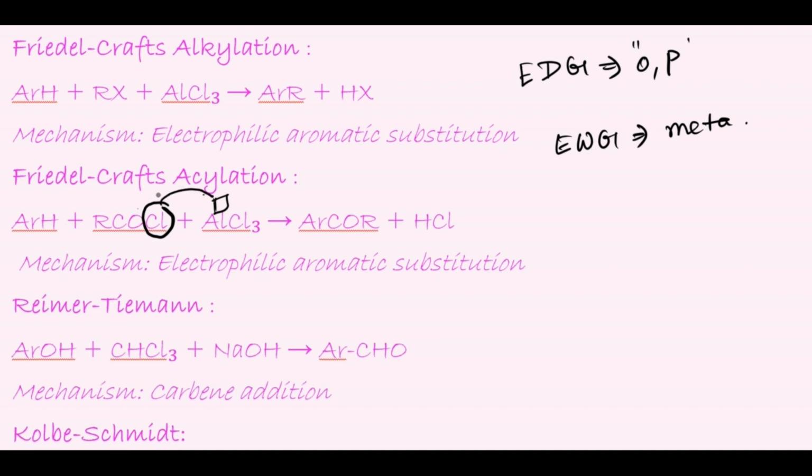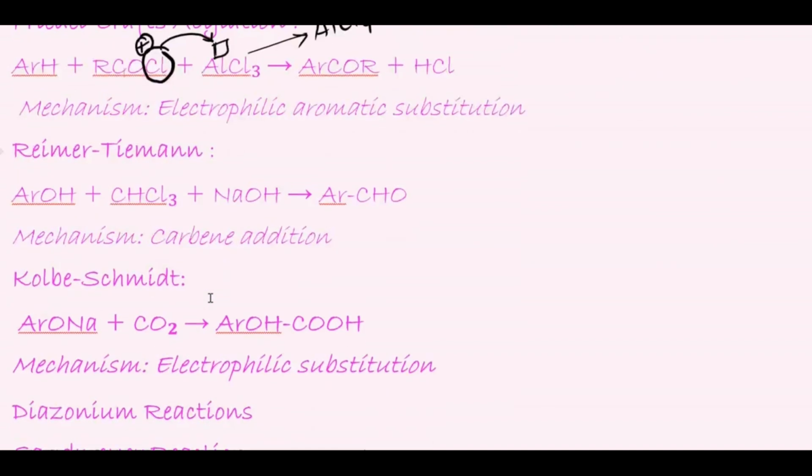Cl will attack AlCl3 to form AlCl4 minus. Okay, this is acting as an electrophile. For the formation of electrophile, this AlCl3 is used. AlCl3 is a Lewis acid, which is having a vacant orbital in it.